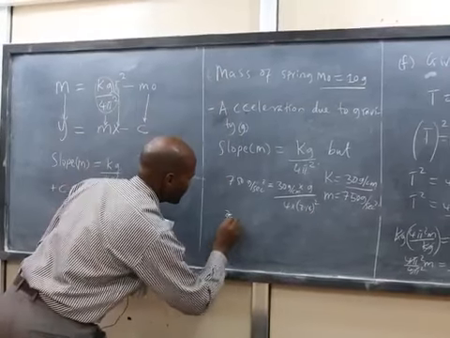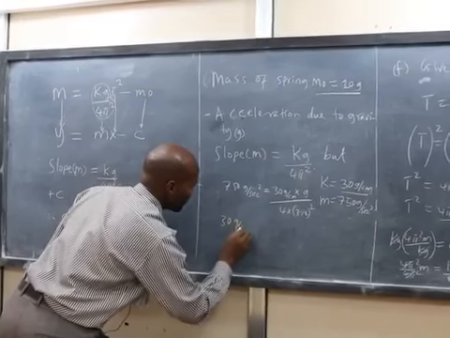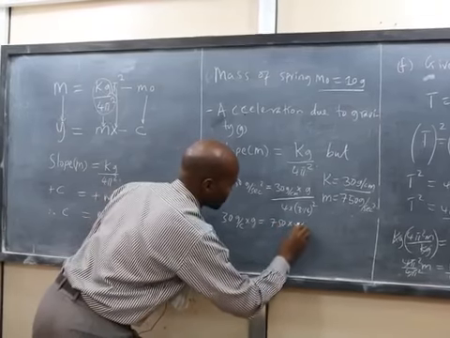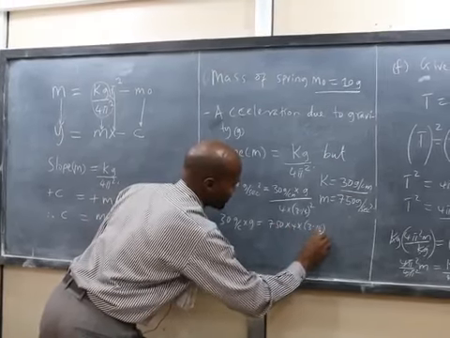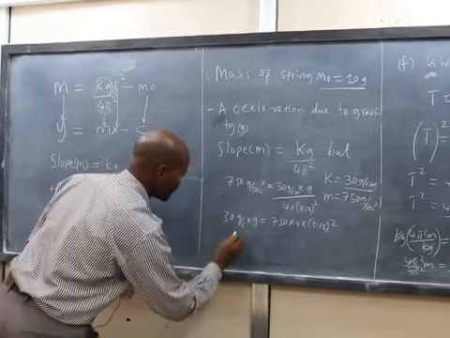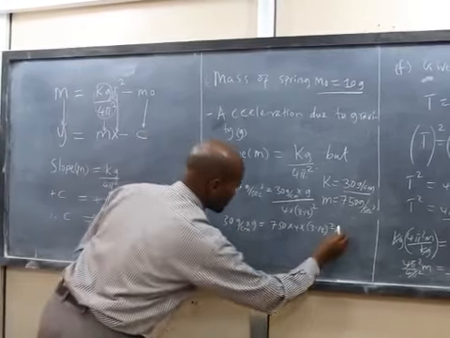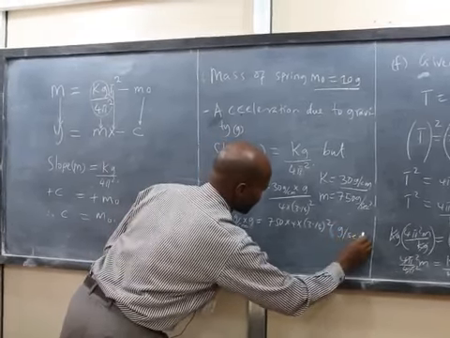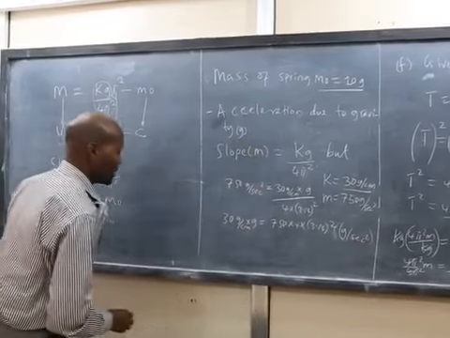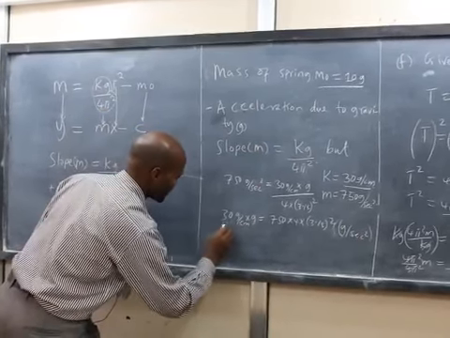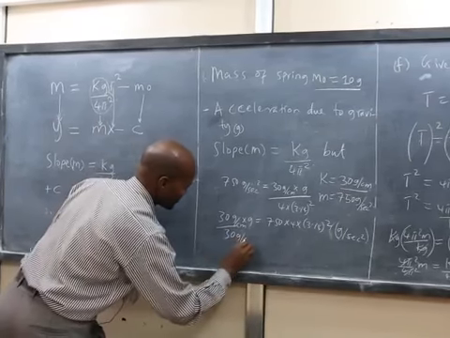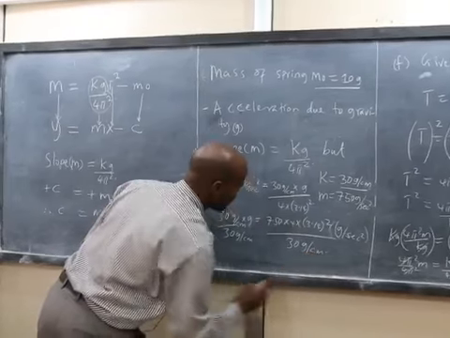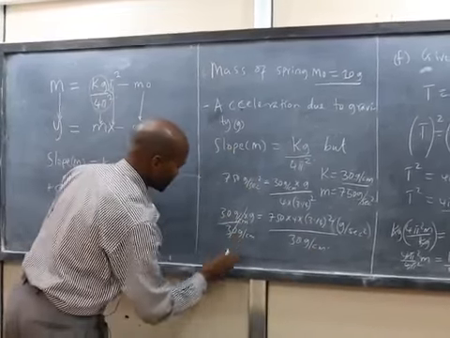So 30 gram per centimeter times G equals 750 times 4 times 3.14 squared. Now dividing by 30 gram per centimeter on both sides, this one cancels.